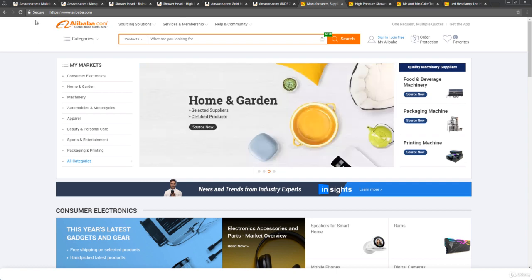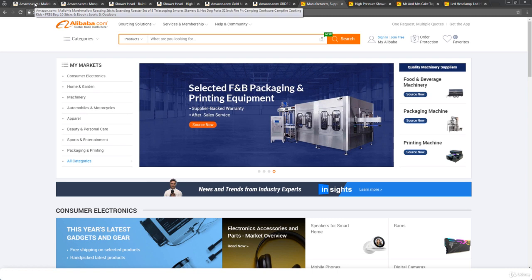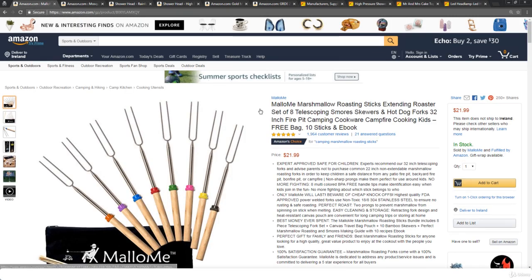Okay, so how we do this is, first of all, you go to your list. I'm going to use this product here for an example. It's a marshmallow roasting sticks set of 8. They are a little bit over the 10 ounces, but because of the shape of them, they will be quite compact when they're packed in a shipping carton, which is really important and even more important than weight.